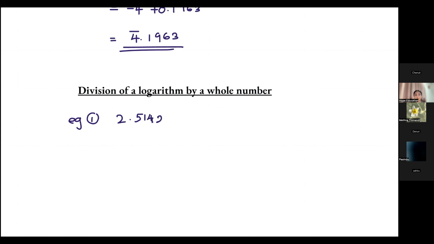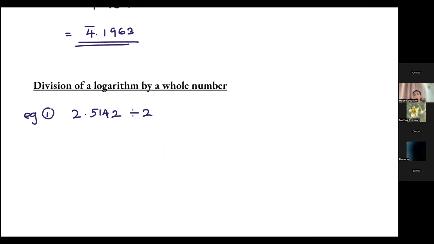2.5142 divided by 2. Now, this is pretty simple. Just divide the logarithm value as you would divide a normal number, just like in multiplication. So 2.5142 divided by 2. 2 times 1 is 2, 0. I bring this 5 down. I put the decimal place here. 2 times 2 is 4, 1 remaining.